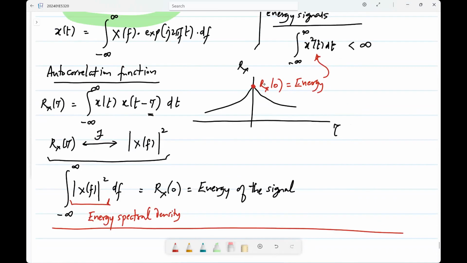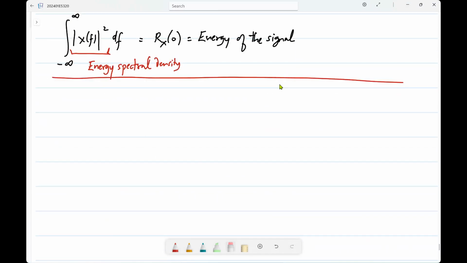But we had this caveat, this Fourier transform was applicable only to some class of signals. Now, what is the signal that you normally see, or what is normally taken as examples in classes like this? Sinusoid. Let's look at the sinusoid.